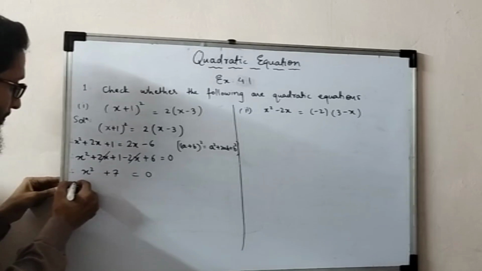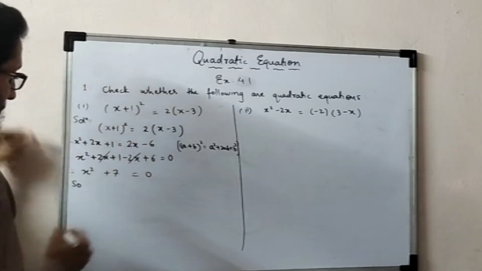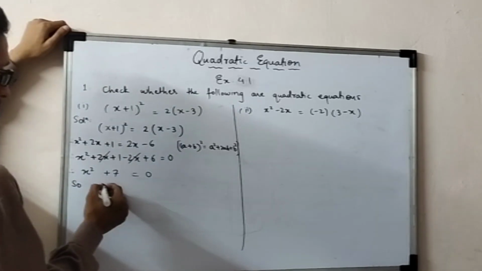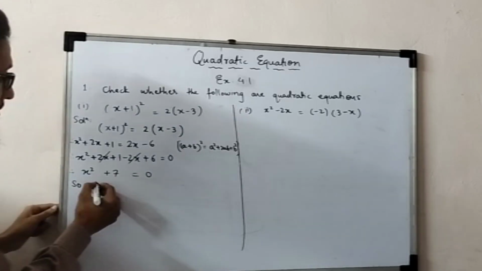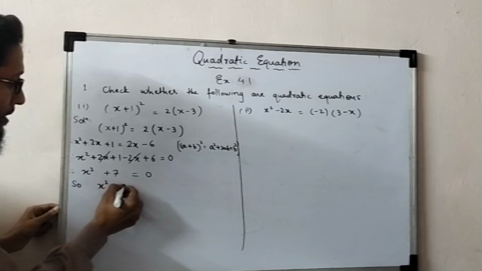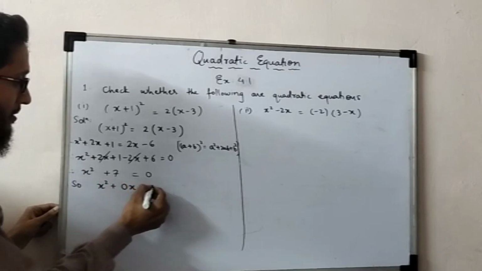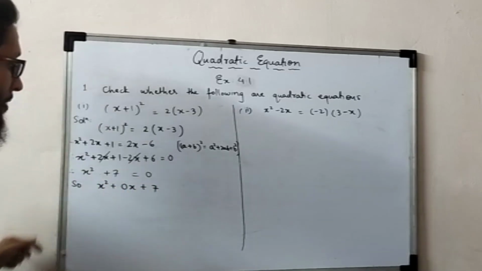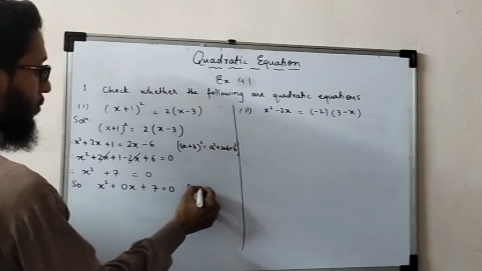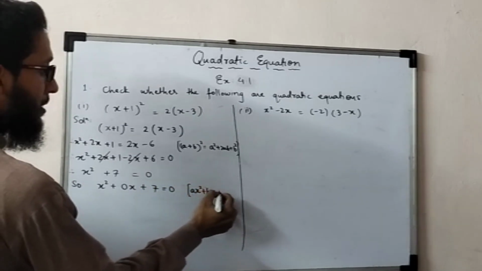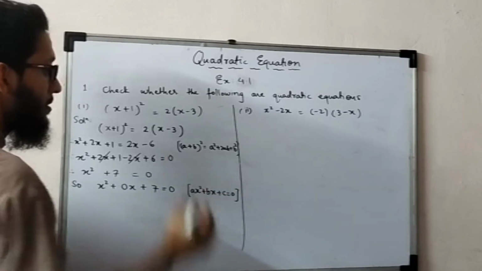We will write this in the standard form, x square plus 0x plus 7, because the standard form of the quadratic equation is ax square plus bx plus c is equal to 0.